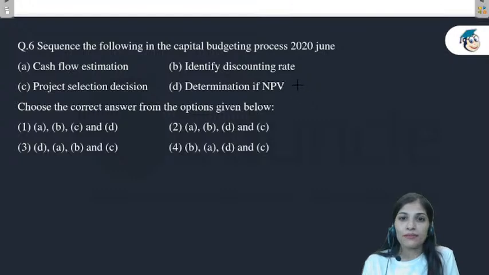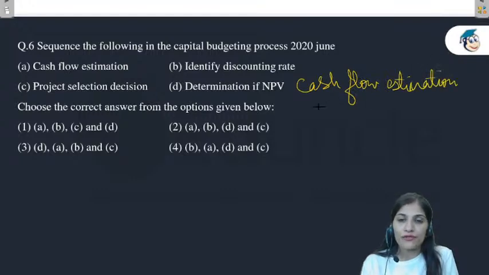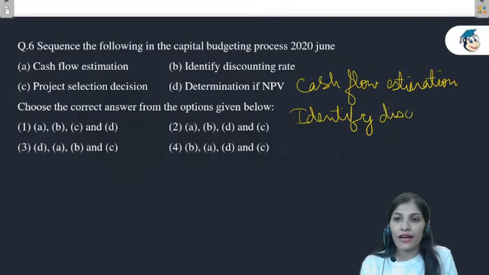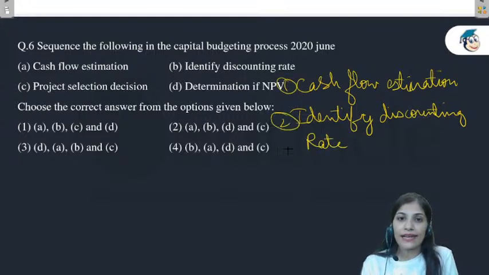सबसे पहला cash flow estimation, identify discounting rate first, second, and after it.